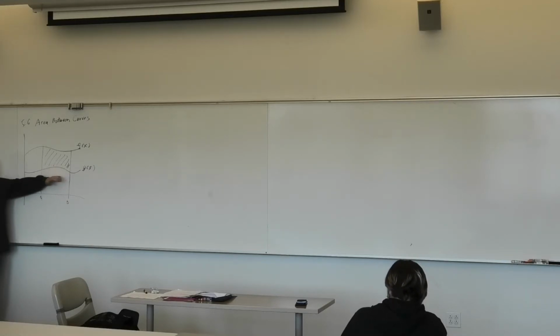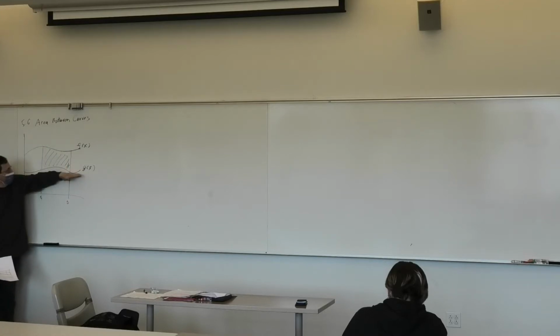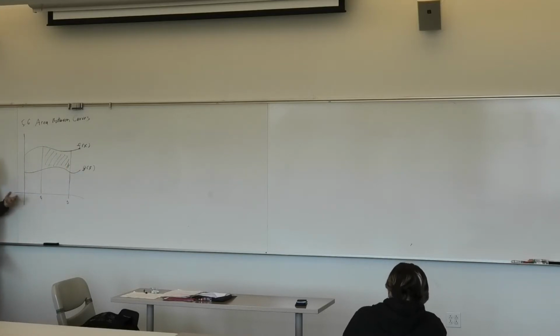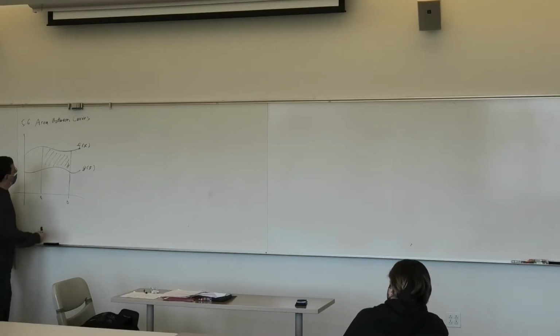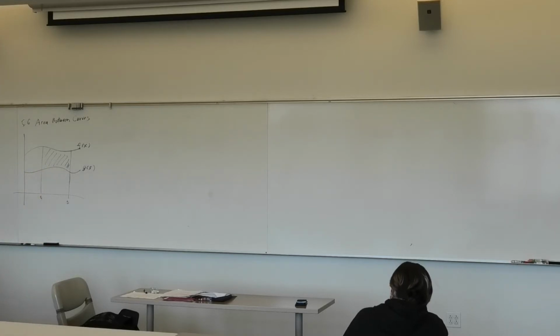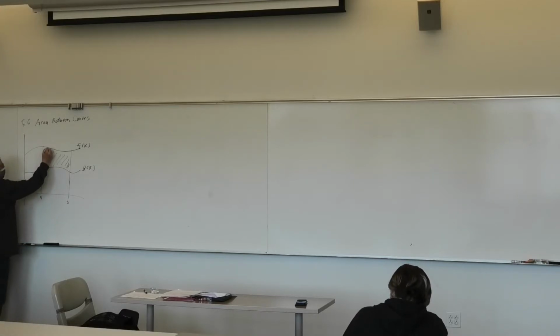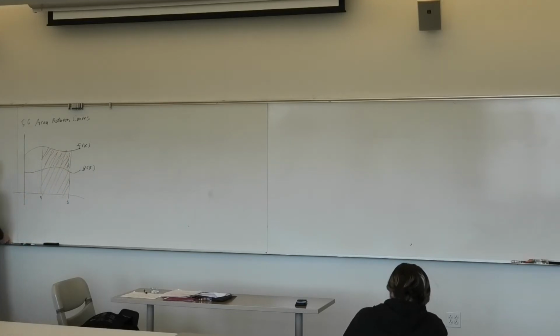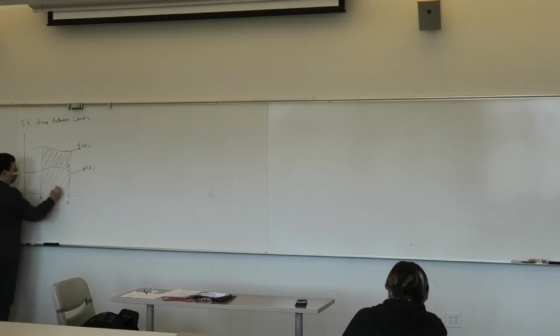Well, if we have this scenario where f of x is always greater than g of x, it should be pretty obvious. The area below f of x is just all this area, and the area below g of x is just this area.